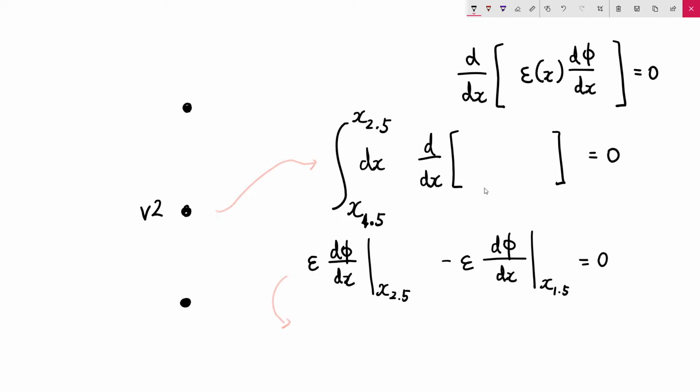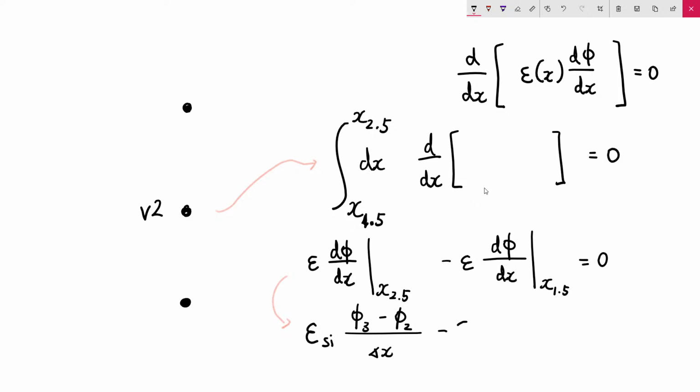When we apply this epsilon to our point 2.5, certainly it is silicon. So we can say epsilon silicon over delta x times phi 3 minus phi 2, but R2 appears here.